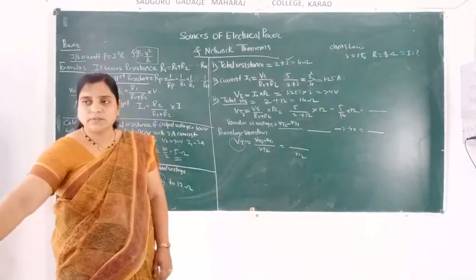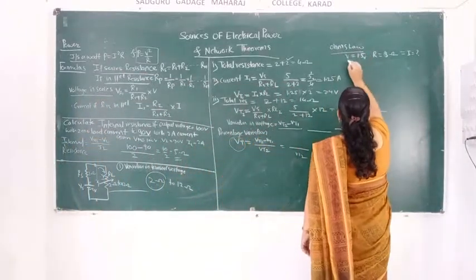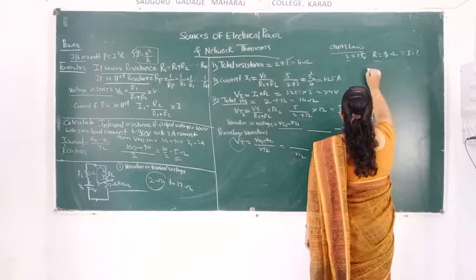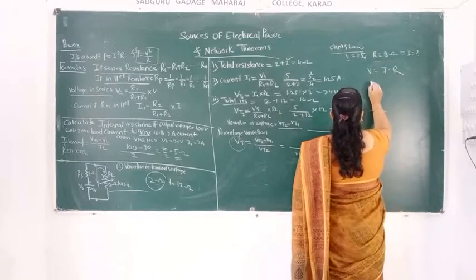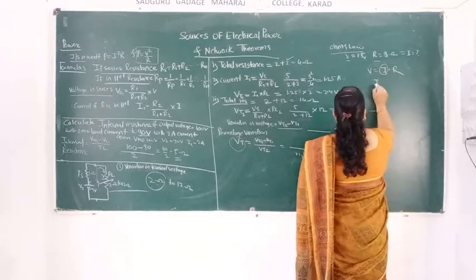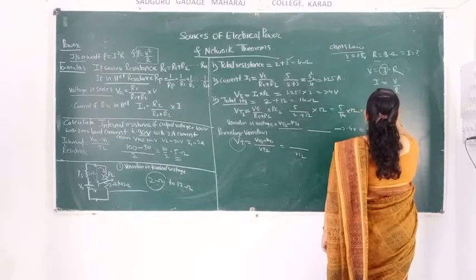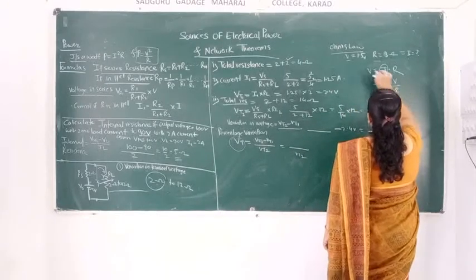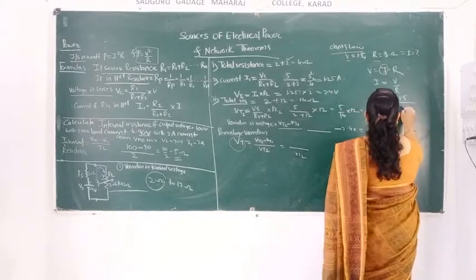Ohm's law: V is given, R is given, V is equal to I into R. What do you have to find out here? Current I. Current is equal to V upon R. So I is equal to V, given as 1.5, and R is 3 ohm.